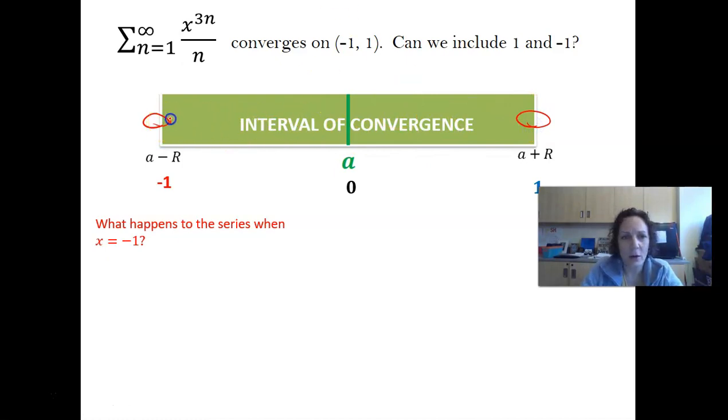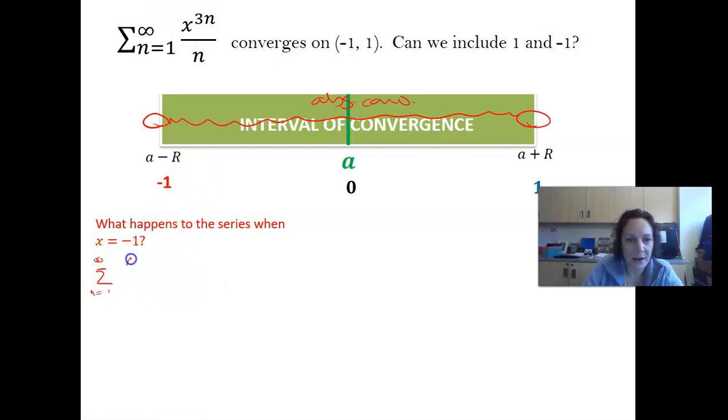The question is, can I fill these dots in? I know that all of this in between is absolute convergence. The question is, can I include the -1 in that? Can I include the 1 in that? So let's look. What happens when you plug in a -1? So literally, what does this series become when x is -1?